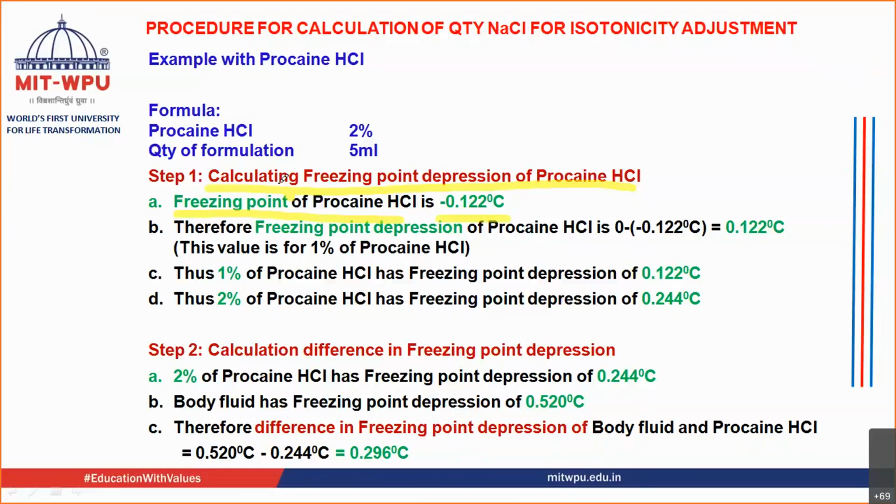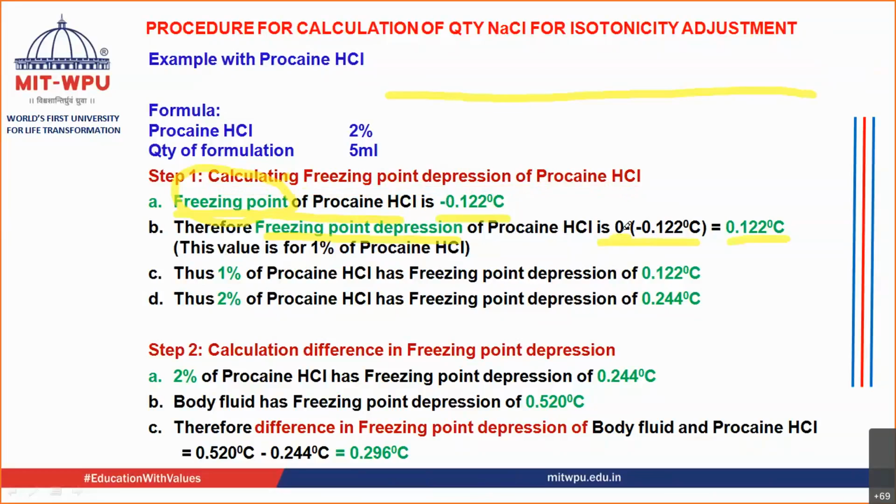This is the freezing point. We want to find the freezing point depression. So please, when you are taking the data, see whether you are seeing the freezing point or the freezing point depression. If you have the value of freezing point, then freezing point depression is the negative of this sign. It is 0 minus this value, so 0 minus this value comes to 0.122.